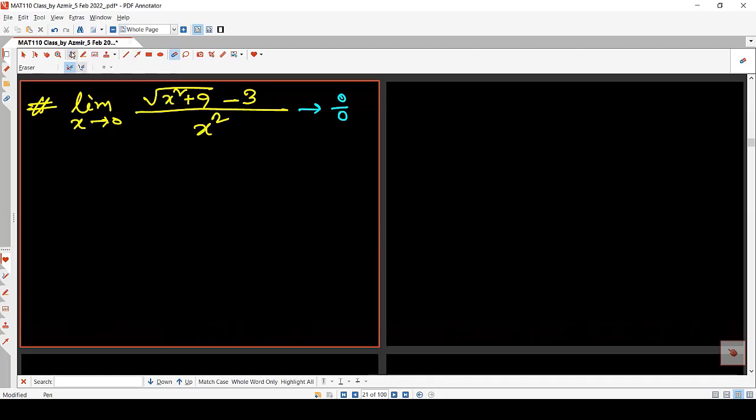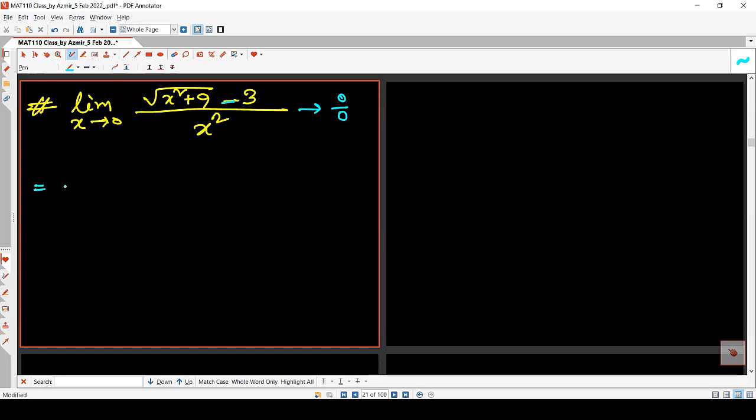We can apply L'Hopital's rule to solve this. But here we are not going with L'Hopital's rule. We have to solve this one with the algebraic manipulation technique. So how can we reduce or simplify this one? We have square root of something negative 3.